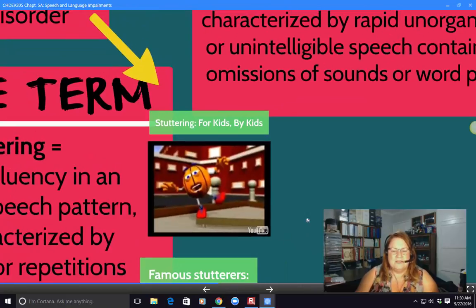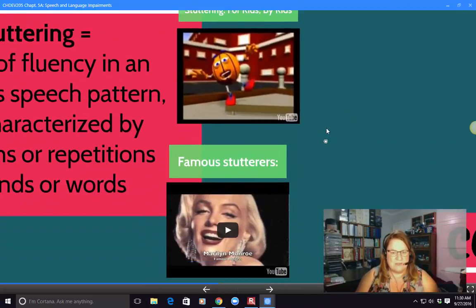It's just, for kids, they're just trying to get through it. And you can tell that these kids had so much more about them. They are not their stutter. Again, person first language all the way.